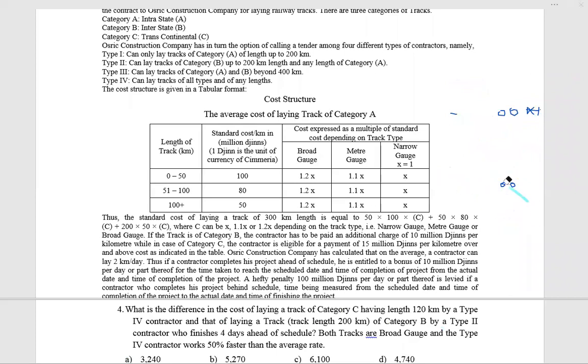Okay, lengthy problem. Let us consider one part at a time. First, category C, 120, type 4 contractor. And it's broad gauge.